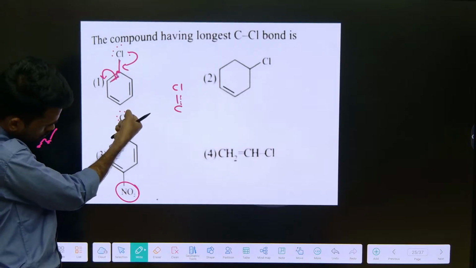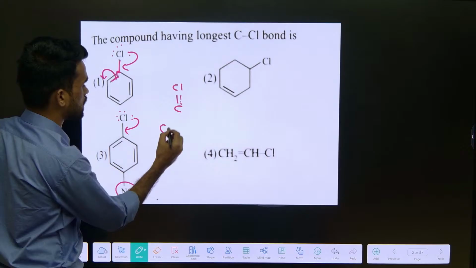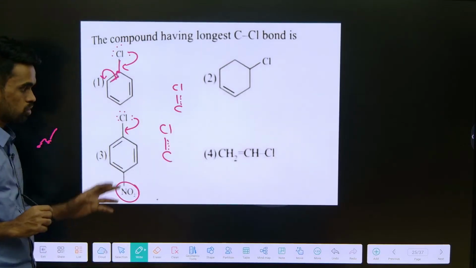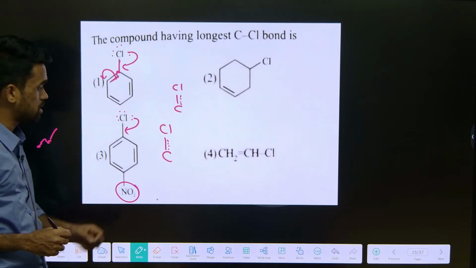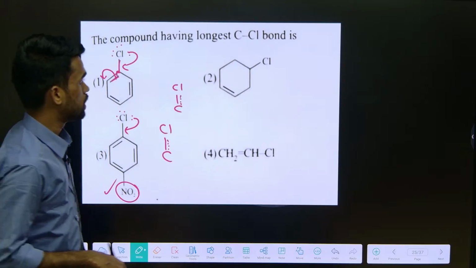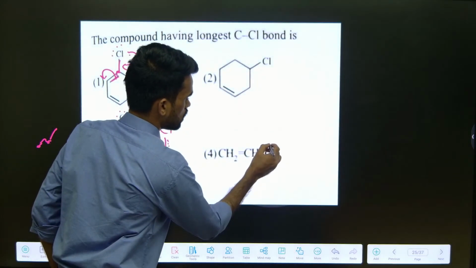It will withdraw these electrons more effectively, so it will have more double bond character than the first option. Both of them have partial double bond character, and more for the third option due to the presence of the electron withdrawing group. Now look at this. Here also you have conjugation like this.